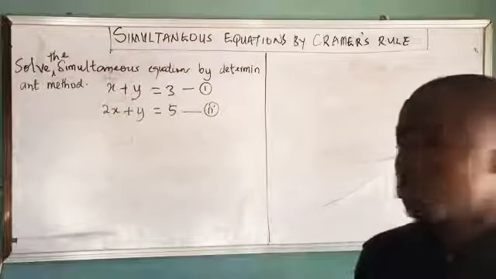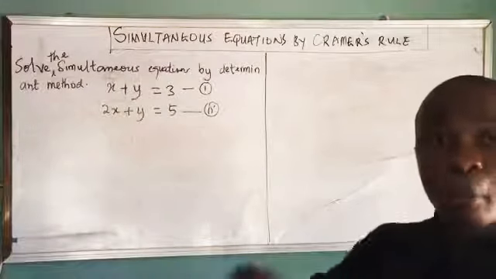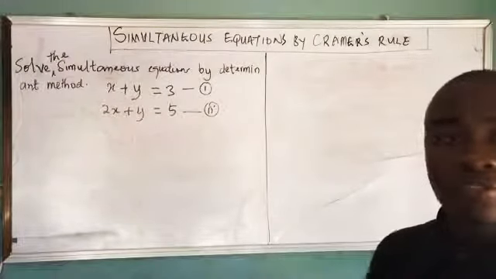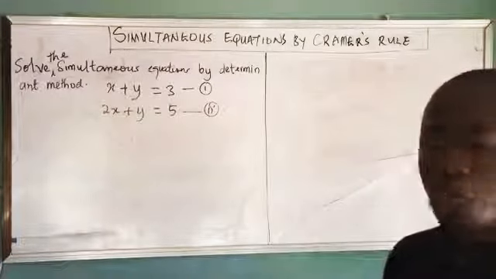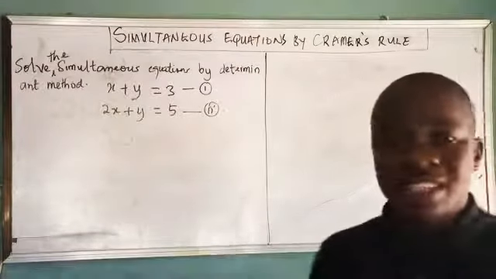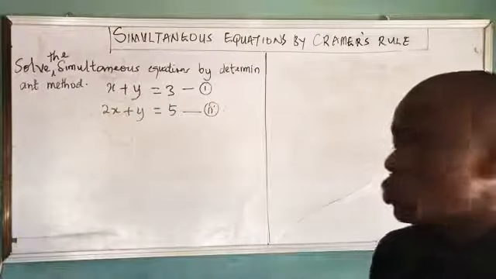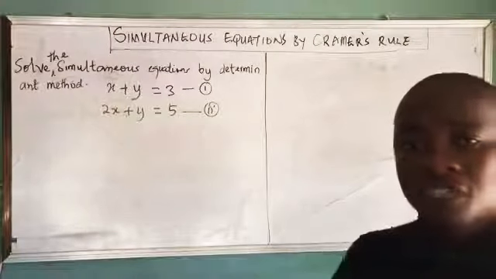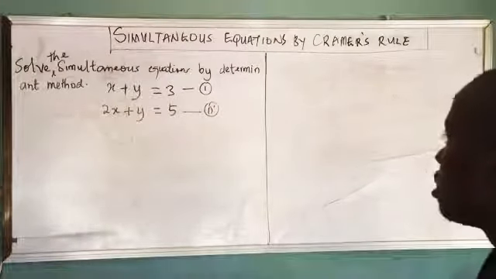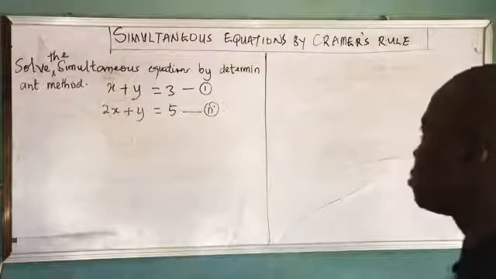A system of linear equations is when you have more than two or more equations, and you have the variables to be found. Cramer's rule is always valid when they have unique solutions. So Cramer's rule is always valid to solve this problem.